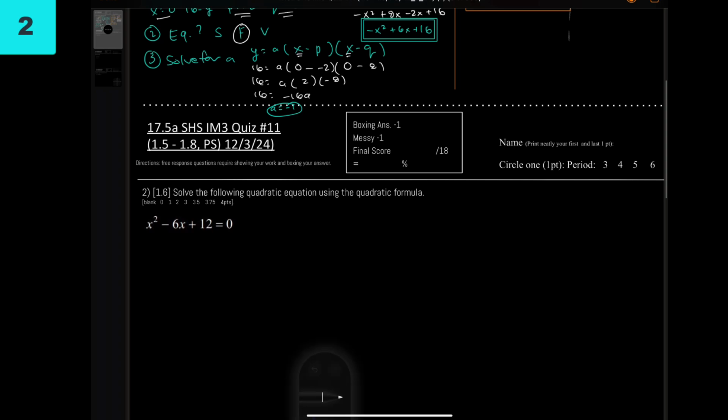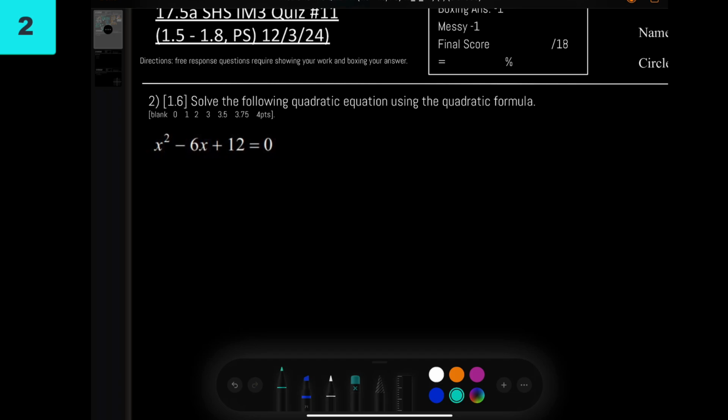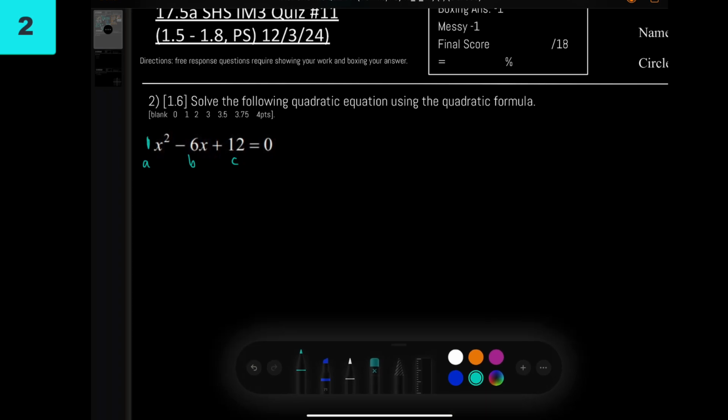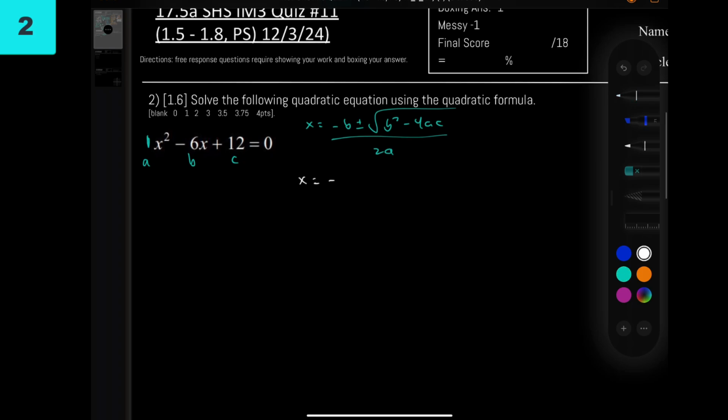Question number 2, solve the quadratic equation using the quadratic formula. A is 1, B is negative 6, C is 12. I'm going to write down the quadratic formula. Okay, my B value is negative 6.